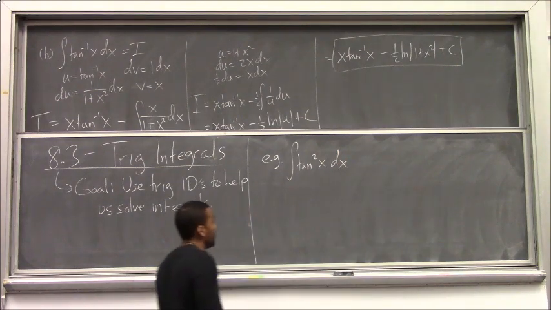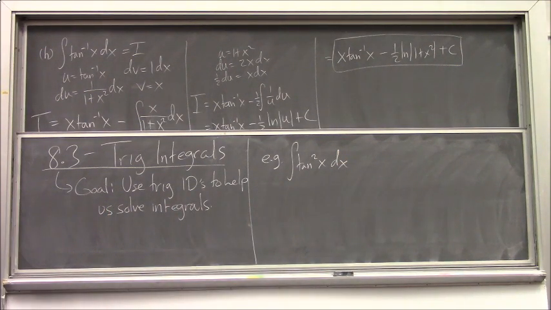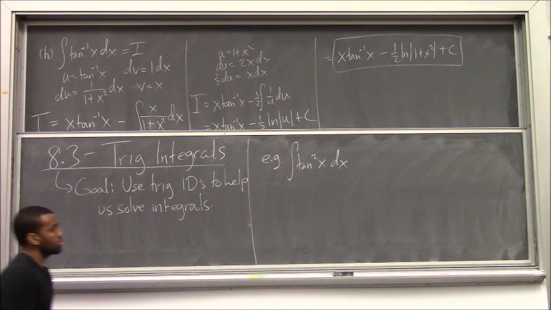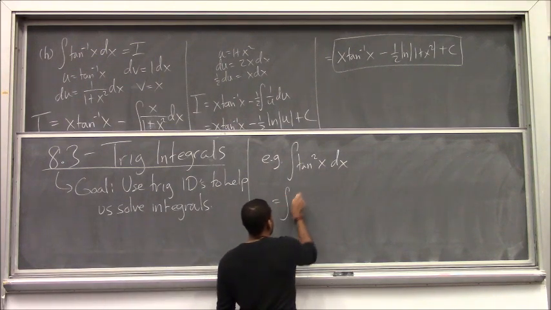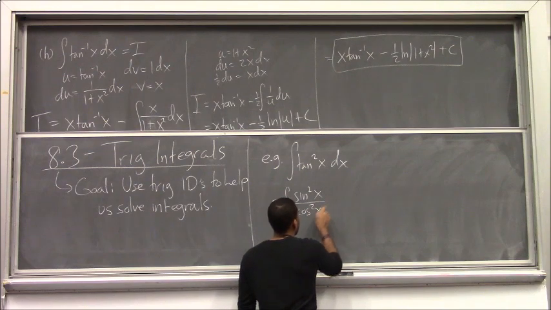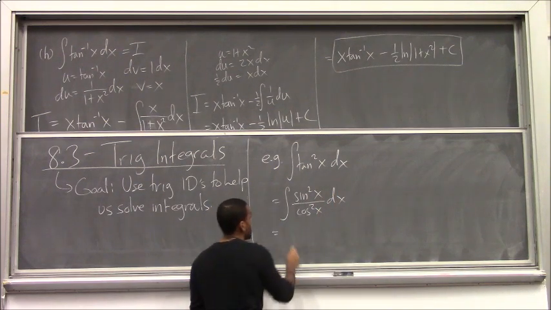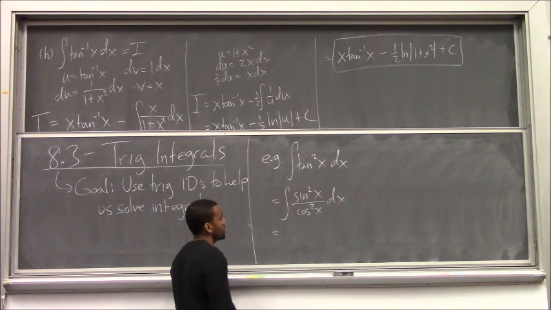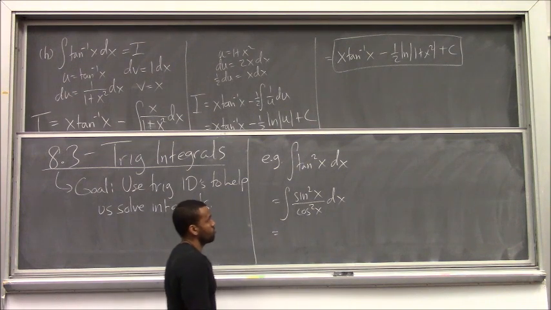But before that, let's just jump-start into an example. How do you do that integral? Yeah. I say convert that into sine squared x over cosine squared x, and then change sine squared x into 1 minus cosine squared x.